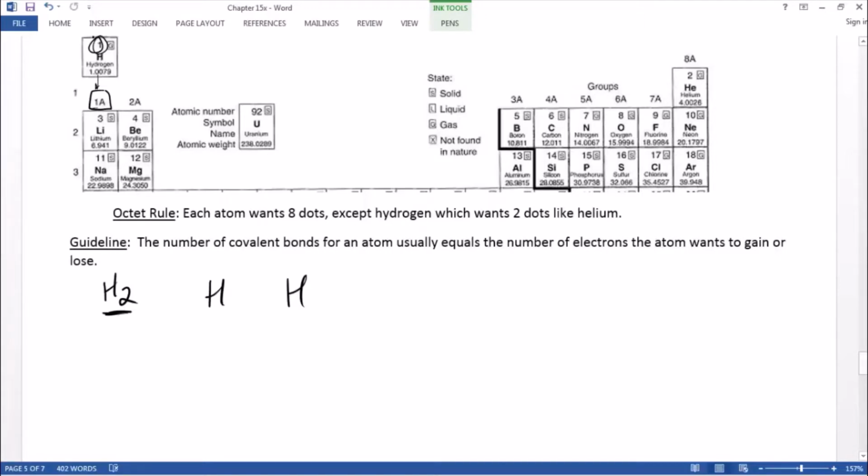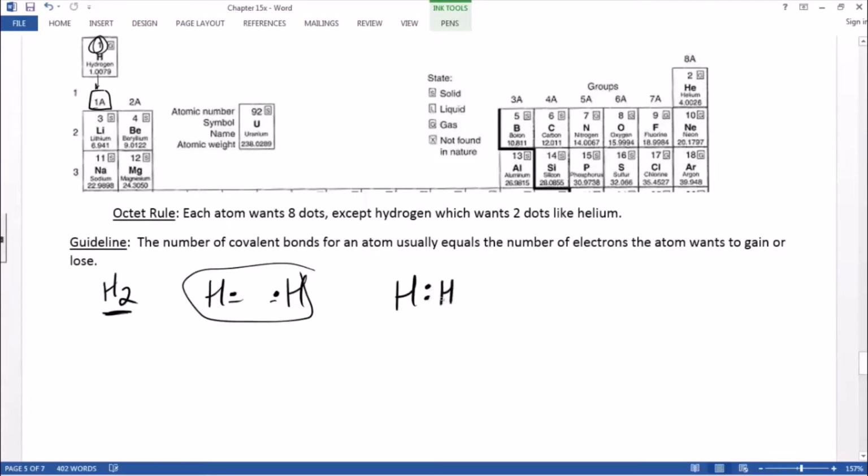So in the Lewis dot structure, each valence electron equals 1 dot. What's handy is to put single dots facing the other element. So I'm going to put the 1 dot around the hydrogen, and then for the second hydrogen, I'm going to put its 1 dot, 1 valence electron, on the left, so that this dot faces that one. Then you squeeze these together so that they pair up.